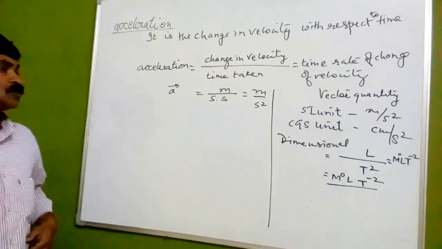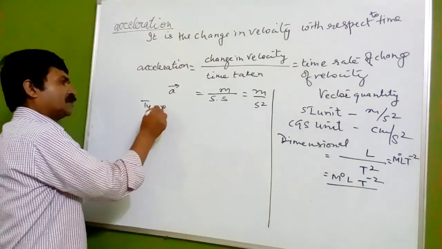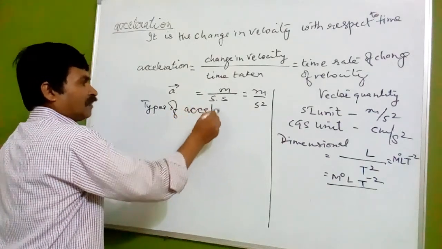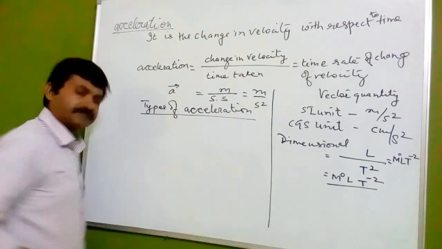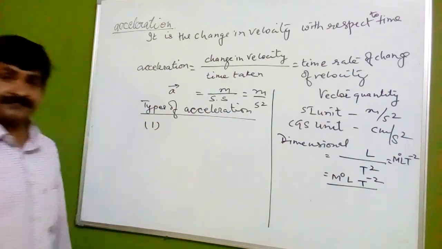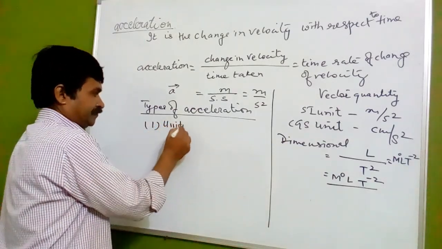Now if we go through the types of acceleration, again we are having the same types which we got in velocity as well as in speed. First is uniform acceleration.